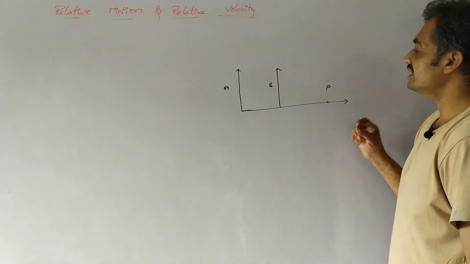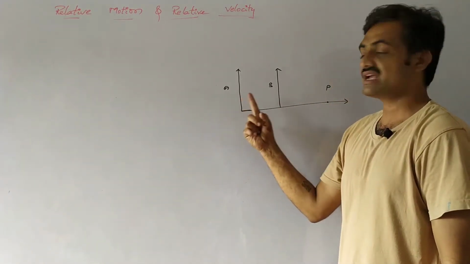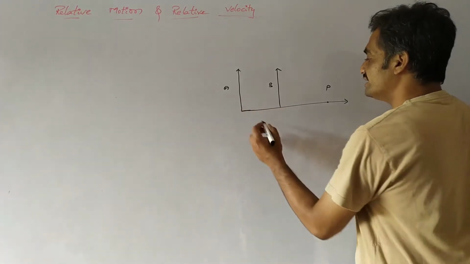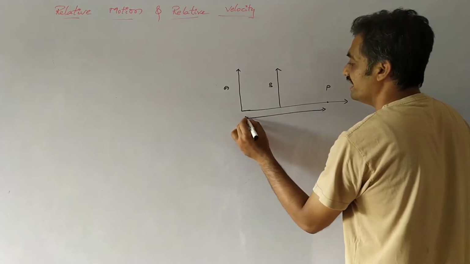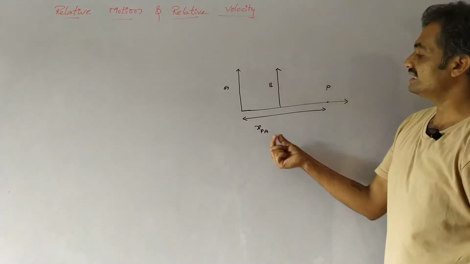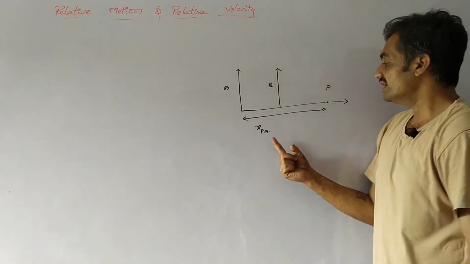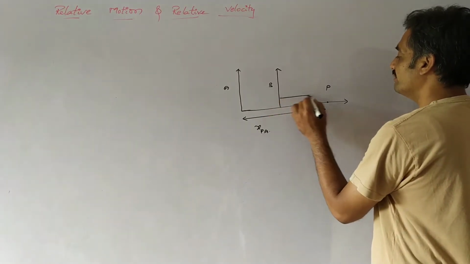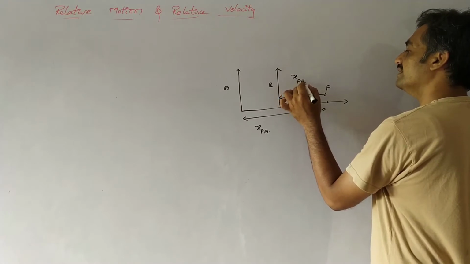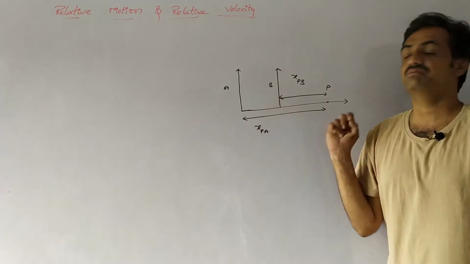Now we have to represent the distance of point P with respect to observer A as well as observer B. Here x suffix PA represents the position of point P with respect to A, whereas the position of point P with respect to B is represented as x suffix PB.